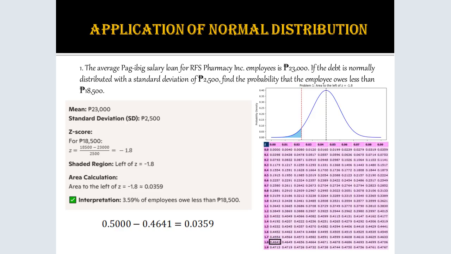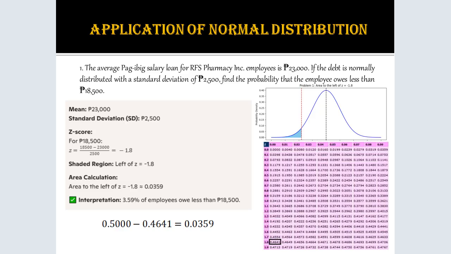So after converting into the z-score, we are asked to determine the probability of the employee that owes less than 18,500. So 18,500, the equivalent is negative 1.8. So if that is less than negative 1.8, we're going to shade the left side of negative 1.8.